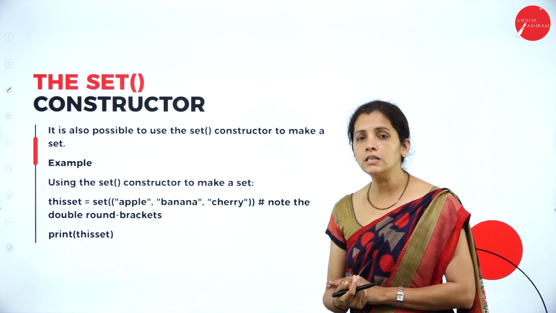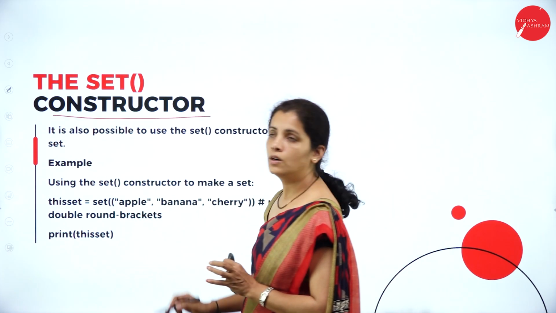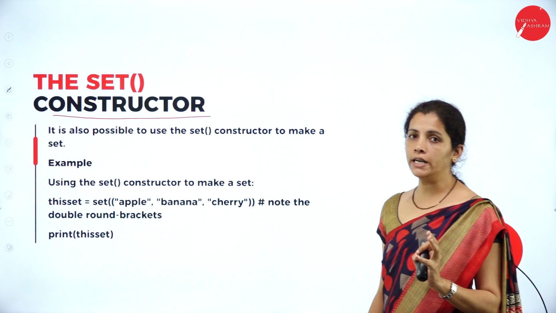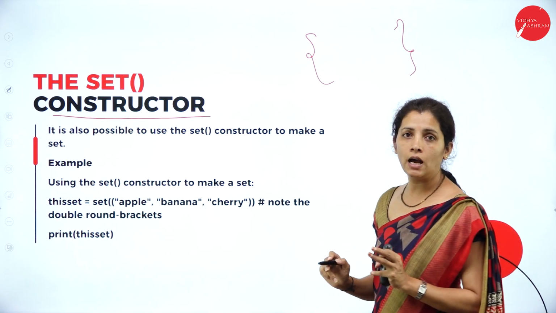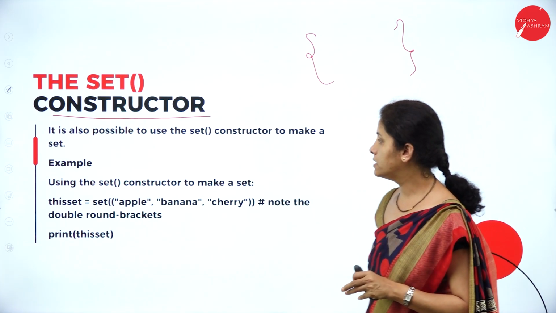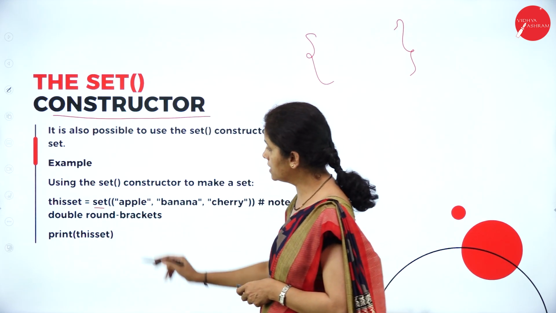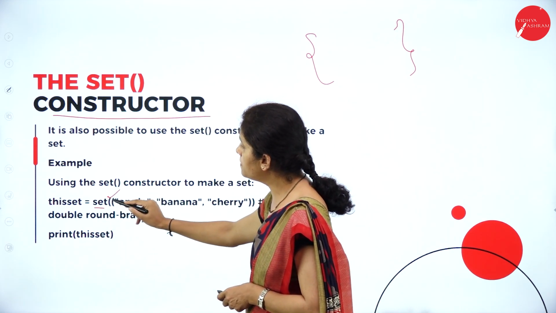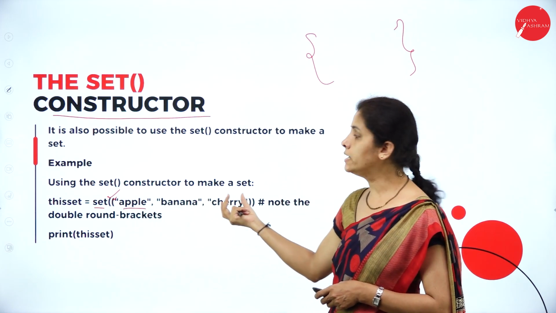Now, to create a set, I can use the constructor. A set can be created in two ways. One is by using curly braces. Another method is by using the set constructor. See here, I'm using the set constructor, open parenthesis, close parenthesis, and I'm going to have string data.